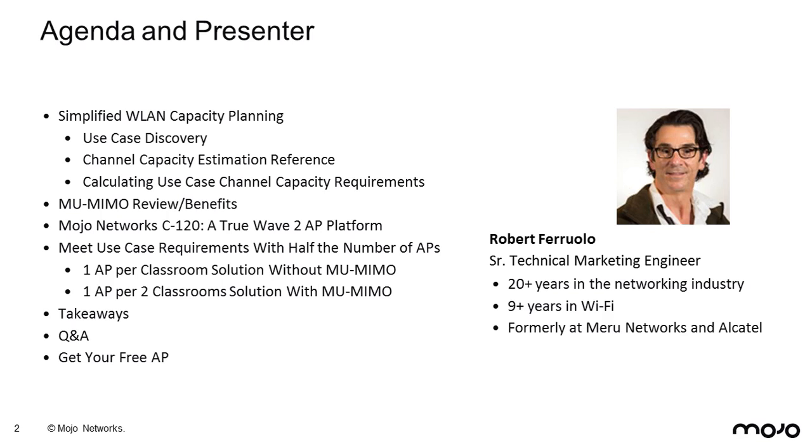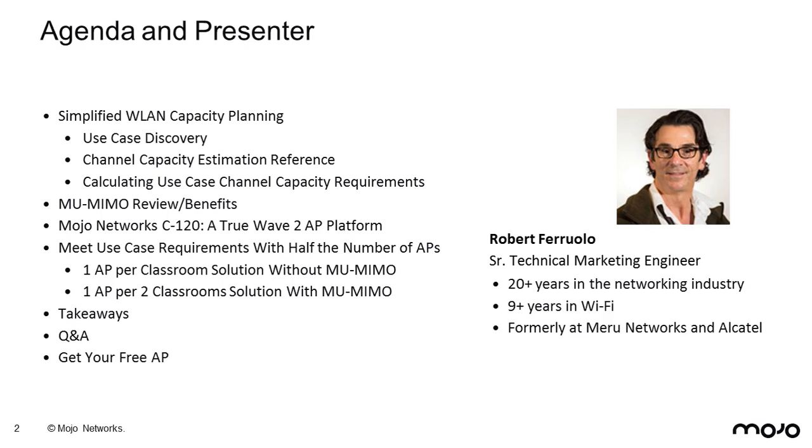Okay, now let's get started. For the agenda today, we're going to be going over a simplified wireless LAN capacity planning session, and we're going to be doing that for classroom situations with multi-user MIMO and without using multi-user MIMO. We're also going to talk about multi-user MIMO again, just to review the capabilities, the mechanisms, and then we're going to talk about the benefits.